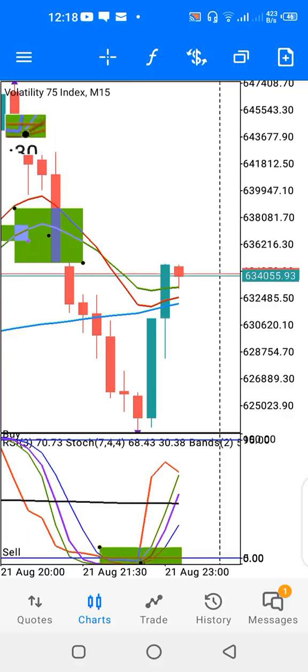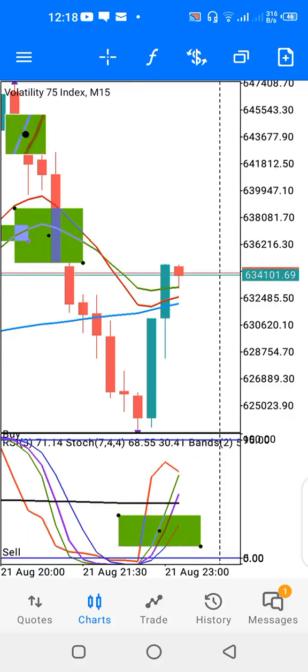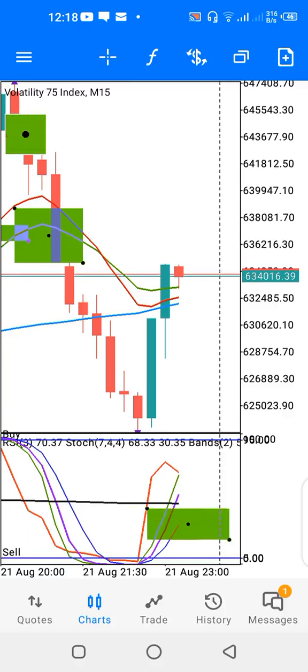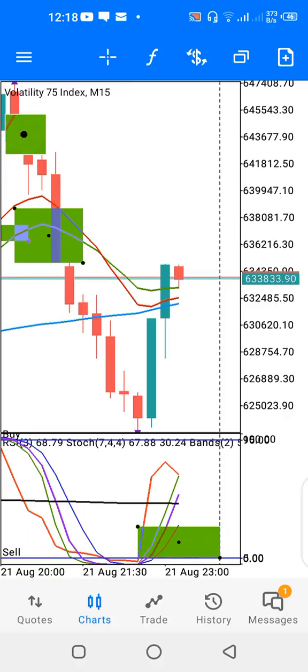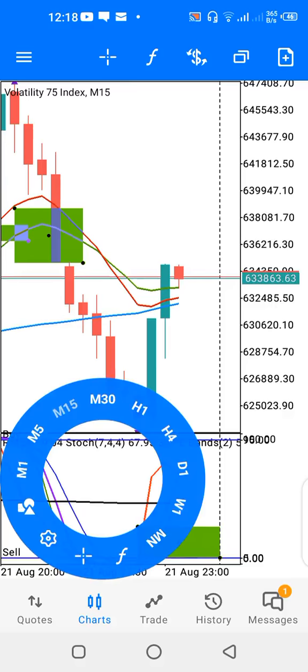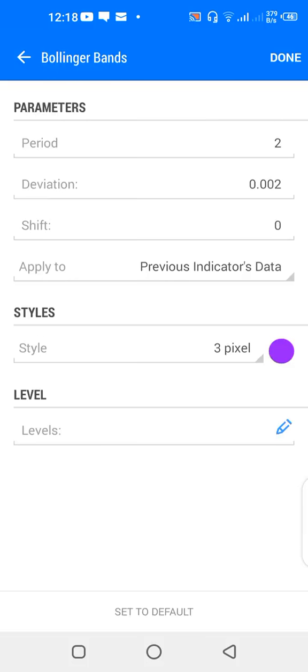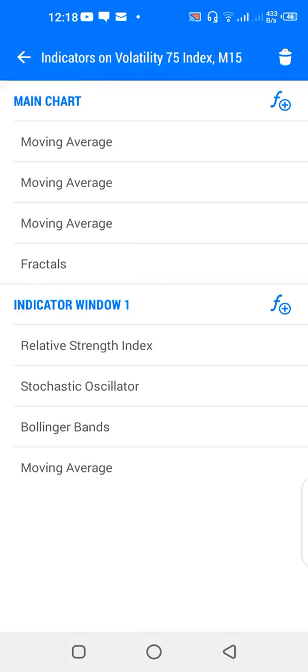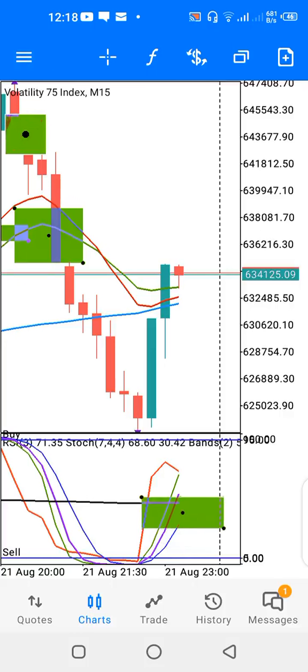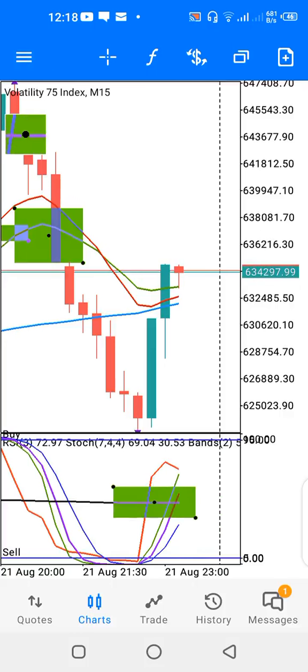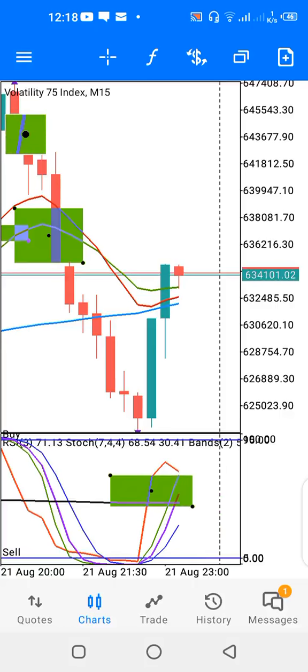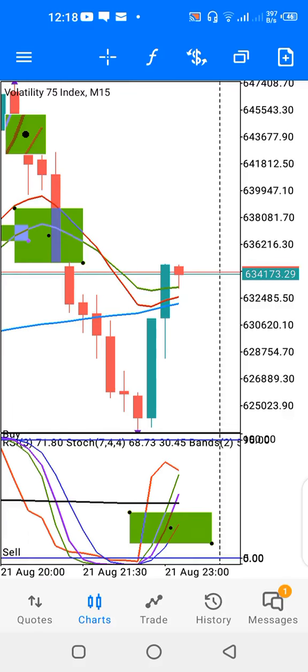By the time the red line crosses above, look for buy opportunities. As the purple line, the green line, and the blue line, that's the stochastic oscillator lines and the Bollinger Bands line, continue to tick upward, and you have the red line crossing above, approaching the black line, then you place your buy trade.